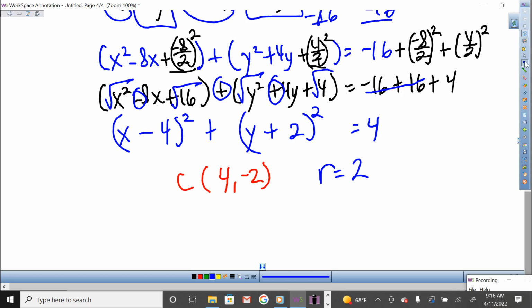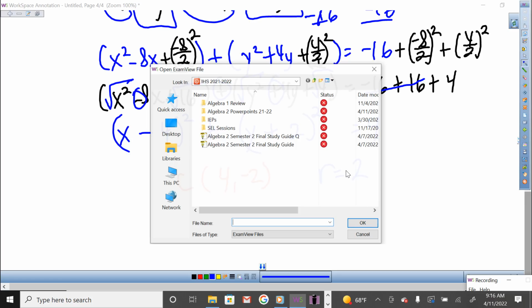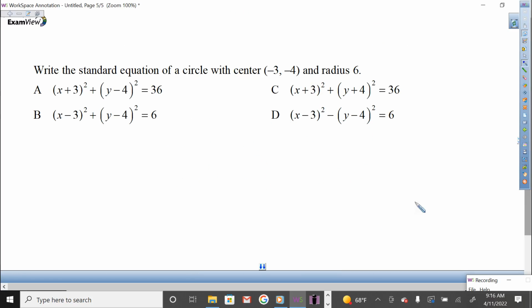Okay? So with that said, let me go to the study guide, which I'm pretty sure you already completed. However, there's problem number 1 on the study guide, and it reads, write the standard equation of the circle with center negative 3, negative 4, and radius 6.